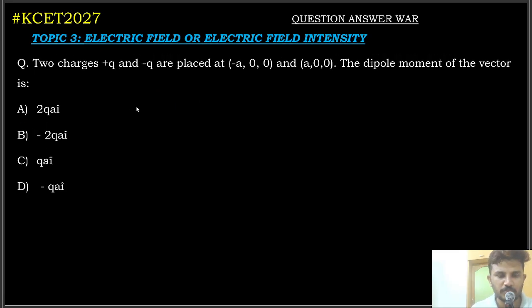Two charges plus q and minus q are placed at, so if I take the Cartesian coordinate system, this is 0, 0, x-axis it is given. On negative minus a there is a charge, plus a there is a charge. This length is 2a.